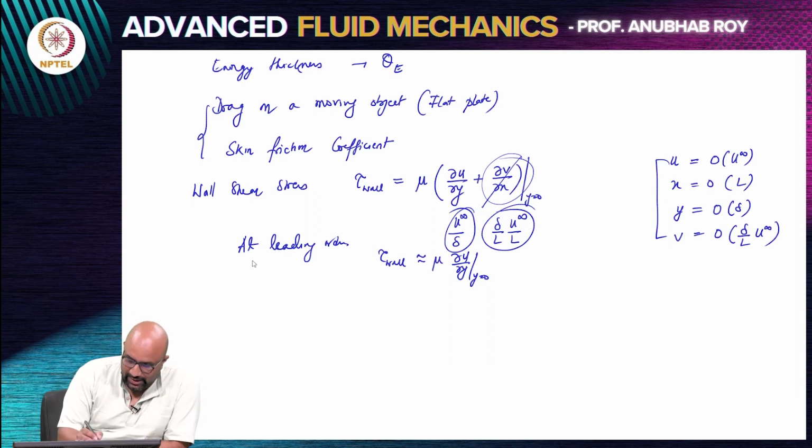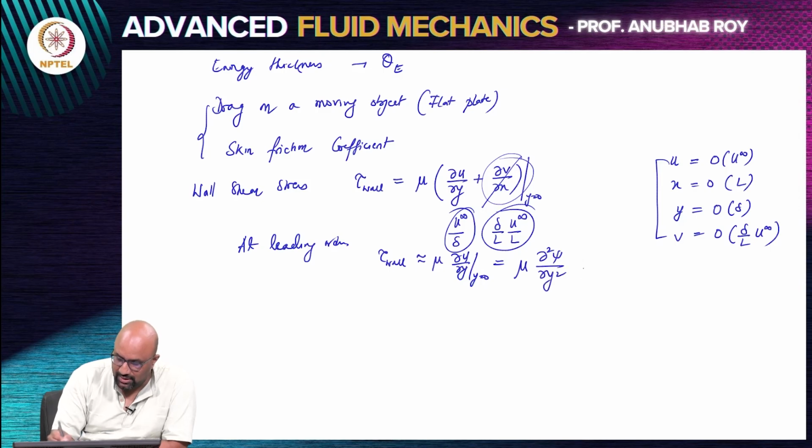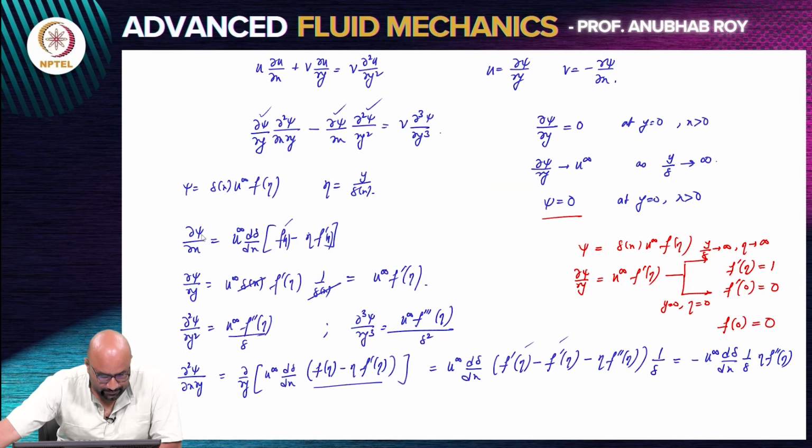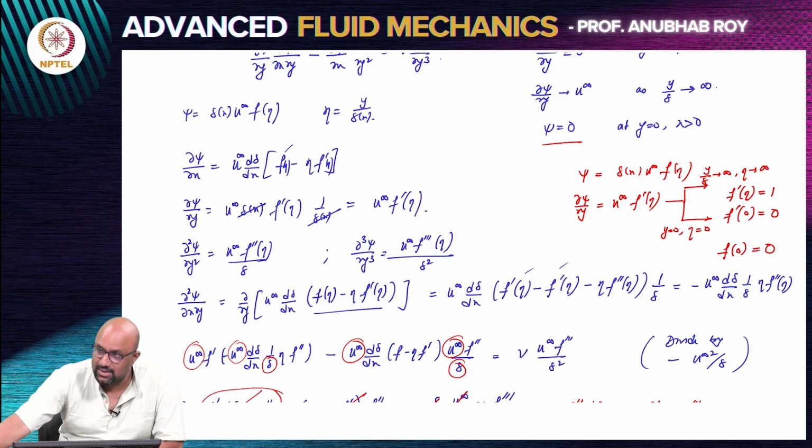Okay. So, we have the wall shear stress now. So, that is mu du dy. So, mu du dy can be written as mu dou square psi dou y square at y equals 0. Now, you must remember what we had done, right? We had already calculated this dou square psi by dou y square. So, dou square psi by dou y square is u infinity f double dash by delta.